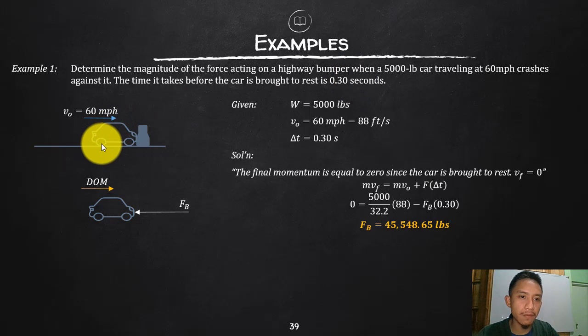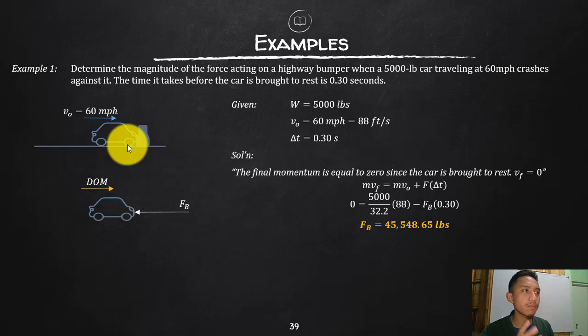So maybe the friction between the tire and the ground is negligible, since the car did not apply the brake. So there is no way there will be a big friction between the tire and the surface. The resistance will be coming from the bumper, because that is where the car crashes.